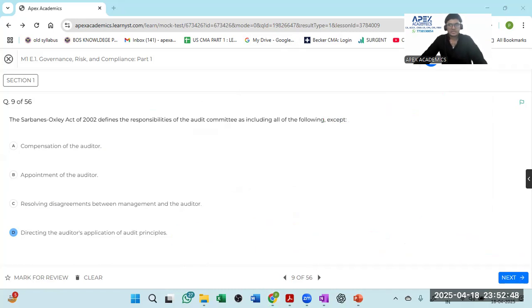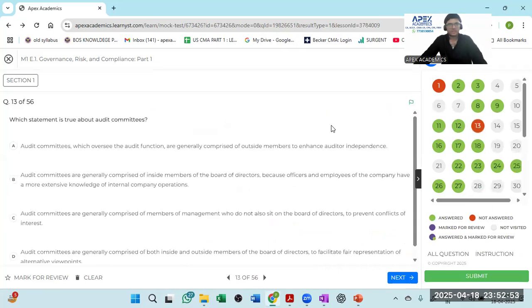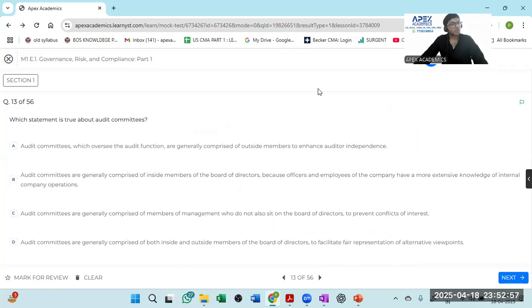The next is question number 13. Which of the following statements is true about the audit committee? First statement: audit committees which oversee the audit function are generally comprised of outside members to enhance the auditor's independence.